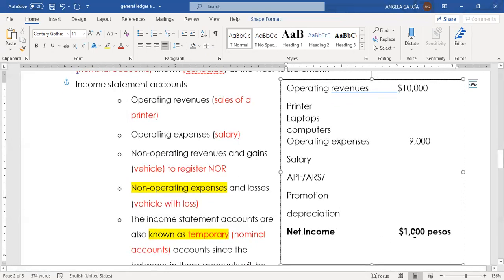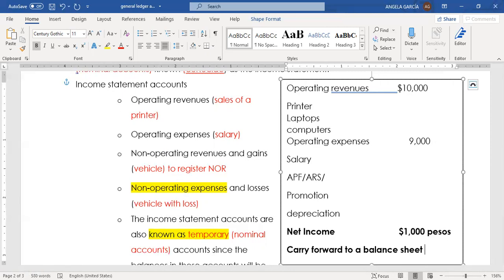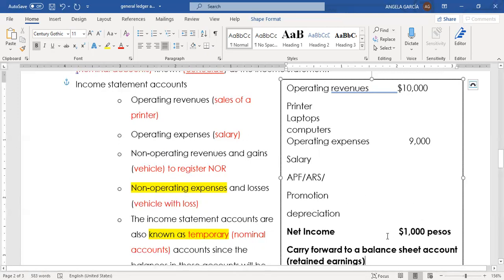So this net income, you need to carry forward to a balance sheet account that we call retained earnings. So in the retained earnings, we are carrying forward that amount.